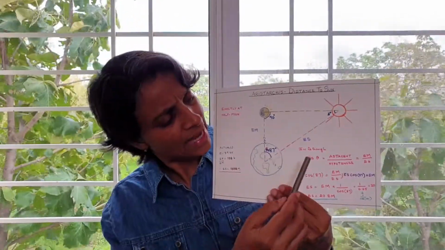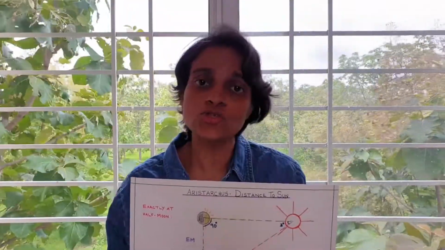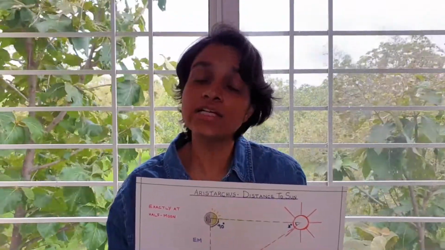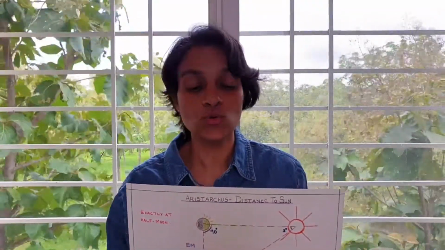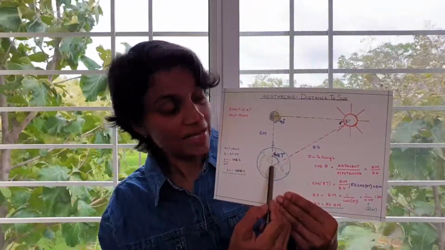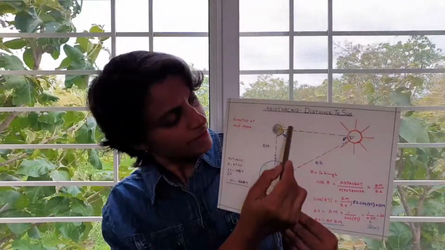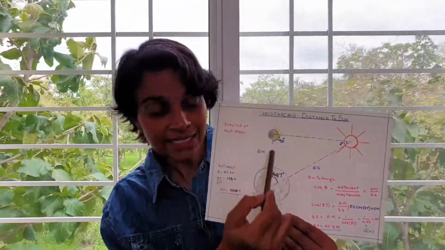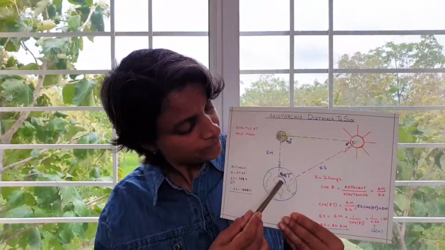Now, back then there was no trigonometry, only Euclidean geometry was available, and using Euclidean geometry, Aristarchus came up with a simple calculation to talk about the distance of the sun from the earth. And this angle is 90, and Aristarchus calculated this angle as 87 degrees.